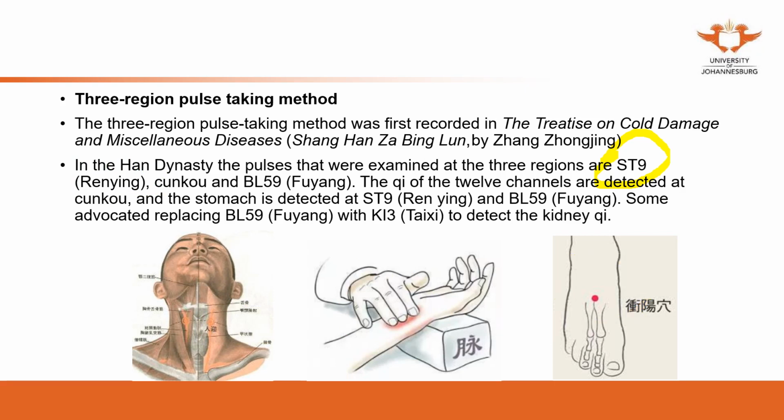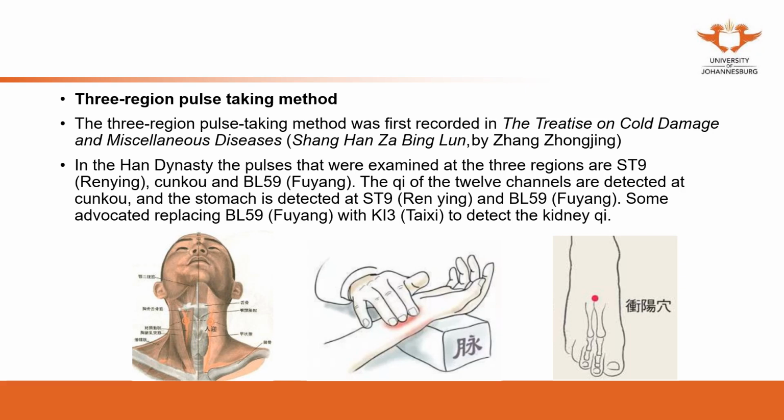These three diagnostic methods are also quite complicated and sometimes not practical, especially if you have a lot of patients, and each region takes much longer to diagnose. So this diagnostic method is also not very commonly used in practice.